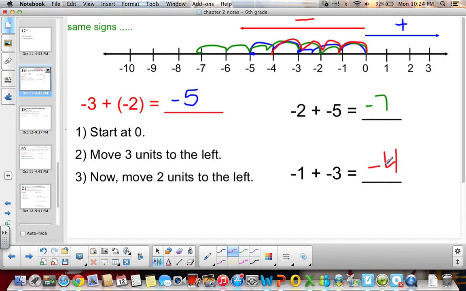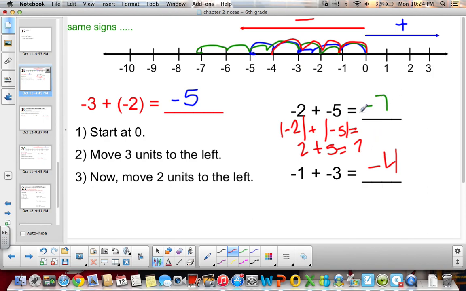So we can look for a pattern here, and my next slide, which you're going to write down, has a theorem about adding integers with the same signs. If you take the absolute value of -2 and add it to the absolute value of -5, the absolute value of -2 is 2 and of -5 is 5, so you would get 7.